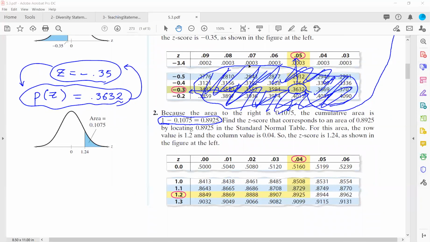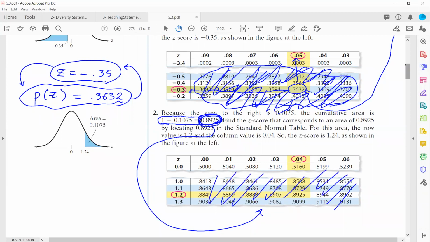So 0.8925 is the area inside the table. So you have to look for that number in between these decimals.